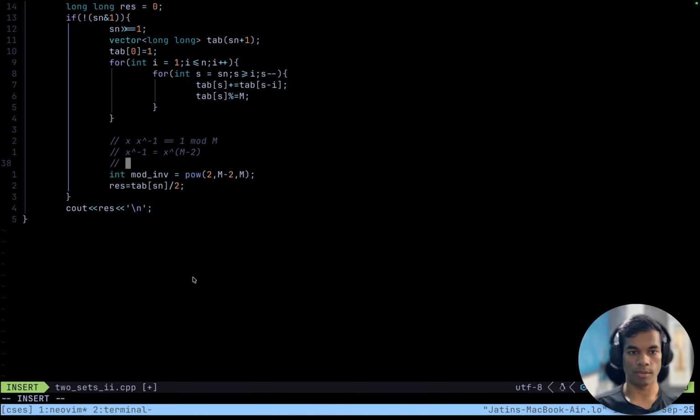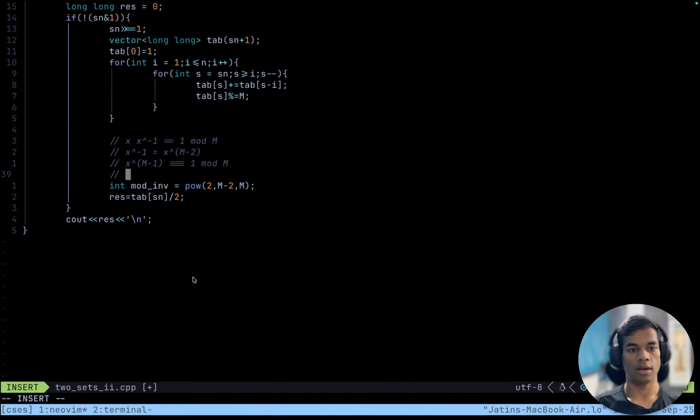Because from Fermat's little theorem, we know x raised to the power of m minus 1 returns 1 mod m. And we can write the left side like this: x into x power m minus 2, and this thing will return 1 mod m.